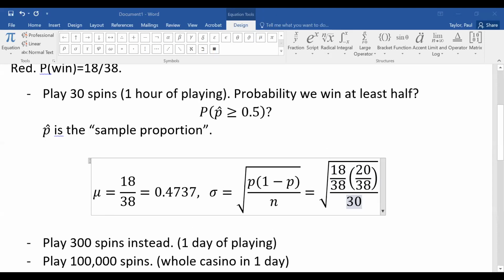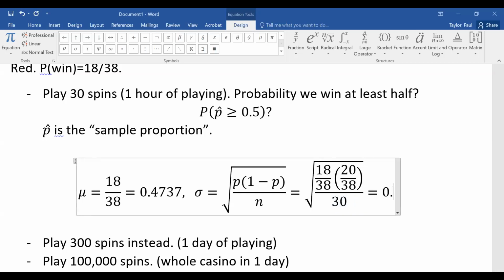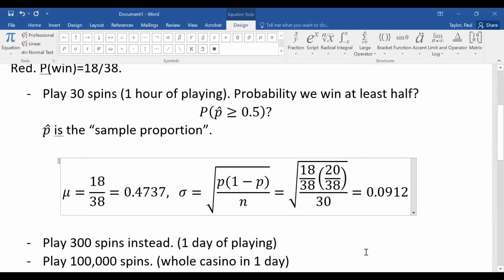Okay, so I'm not going to put it on my screen, but I'm pulling out a calculator here to compute what this would be. All right, and I'm coming up with 0.0912. That's going to be my standard deviation.